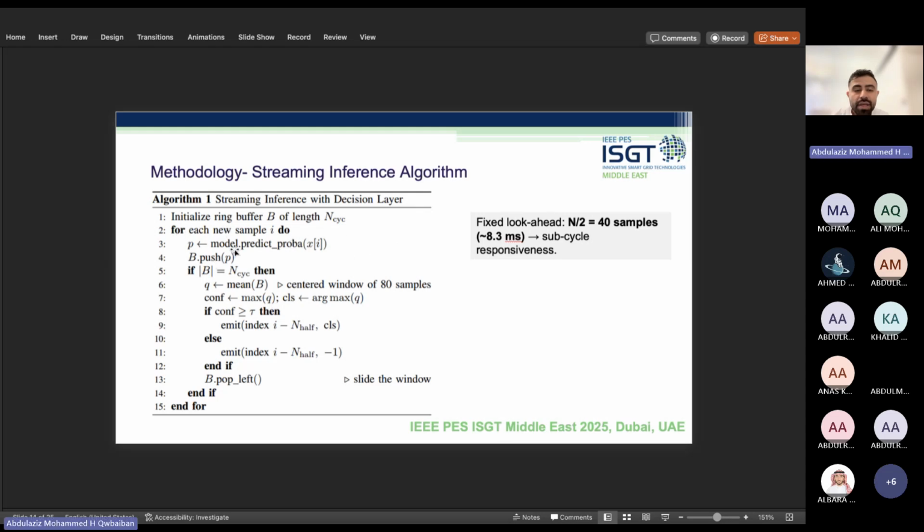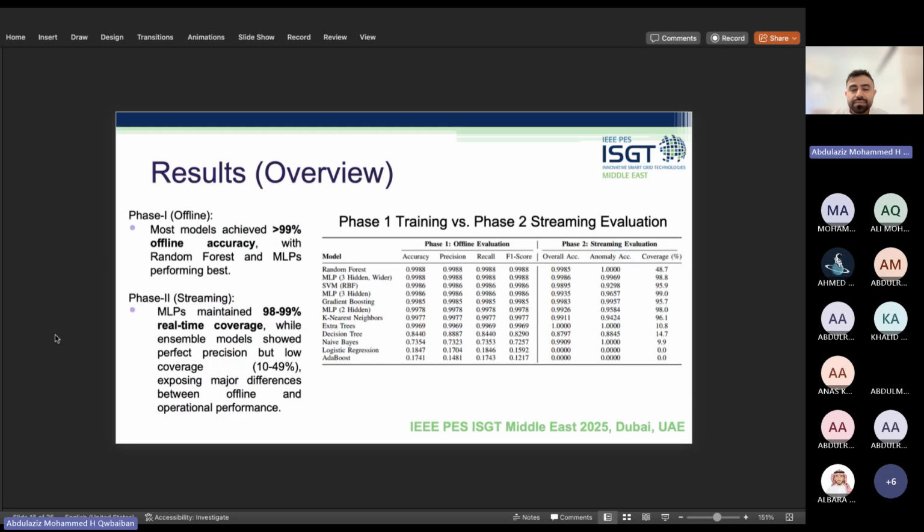If the length of the buffer is 80, then take the mean over a centered window of 80 samples, get the maximum argument, and get the maximum Q, put it in the confidence. If the confidence is greater than the threshold, emit, meaning release; else emit the other quantity, -1. End if statement, and then slide the window. This is how the decision is made.